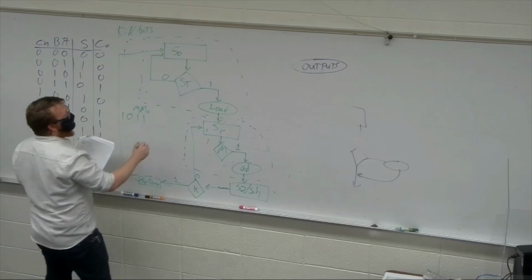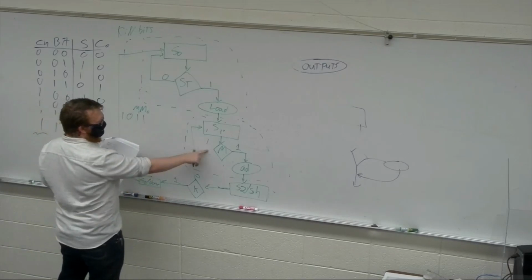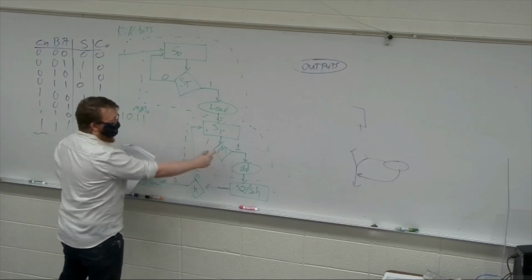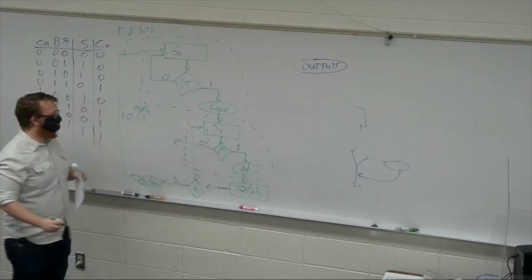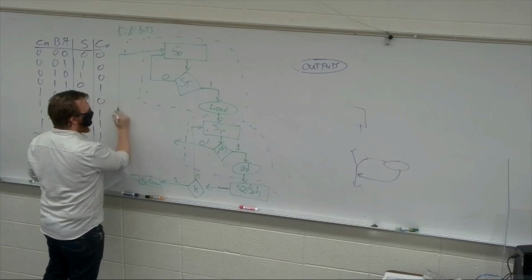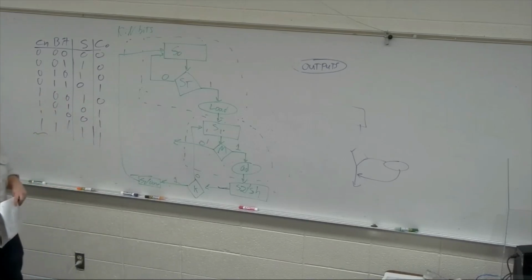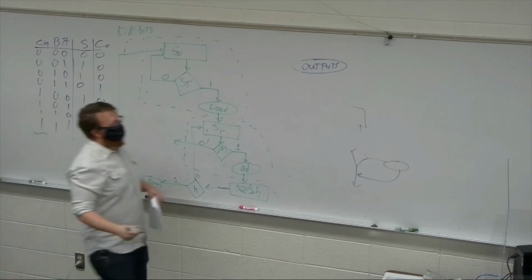On the flip side of this decision, one decision is 1. The other one is what happens if I'm 0. So what is M? M is, I just erased it.